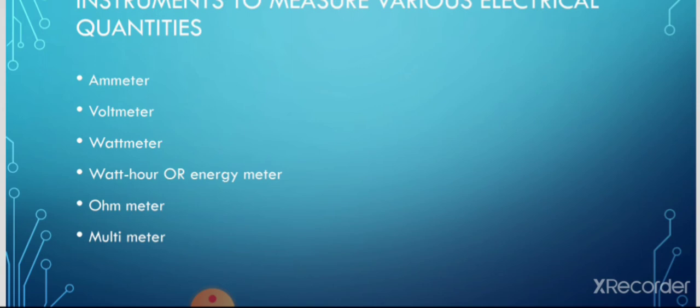Next, ohmmeter to measure the value of resistance. Multimeter can be used to measure current, voltage, resistance in both AC as well as DC. Power factor meter, frequency meter, electrometer. These are the different types of meters used to measure the different types of electrical quantities.